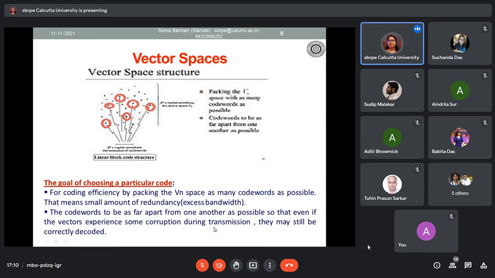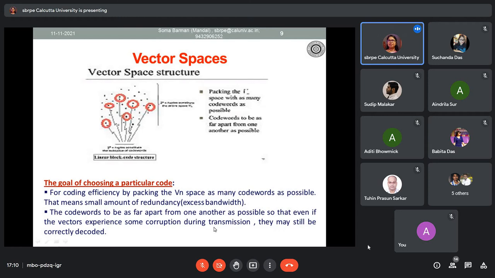Only a single bit position differs. So the distance is 1 here. The minimum distance between the code words is 1. So you choose the code words in such a way that the distance is far apart.